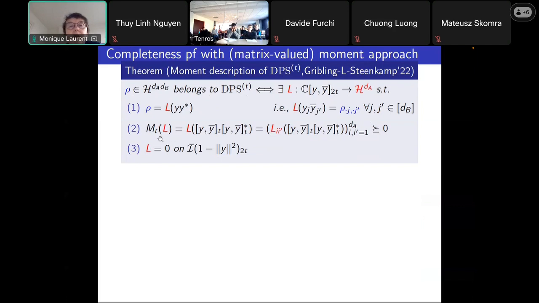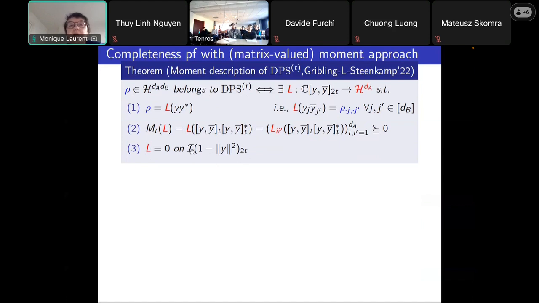The second condition is that the moment matrix should be positive semidefinite. You have to define it suitably, but let's not look at the details. And the third condition is that your L should vanish on the ideal generated by the equation of the sphere, saying 1 minus the norm of y squared is equal to 0.